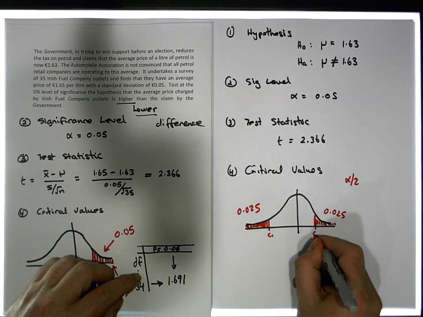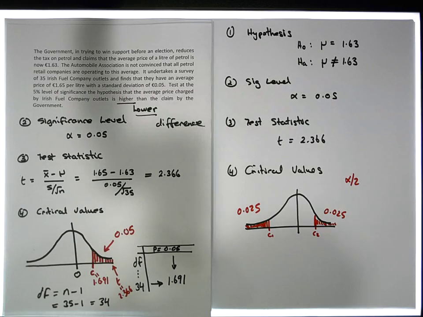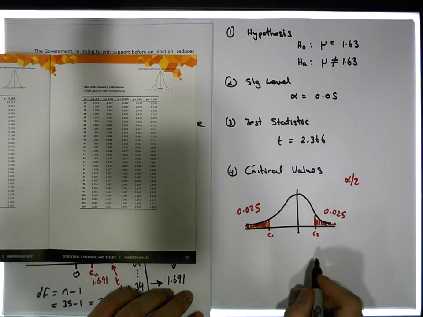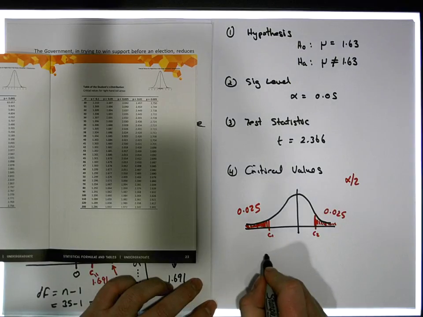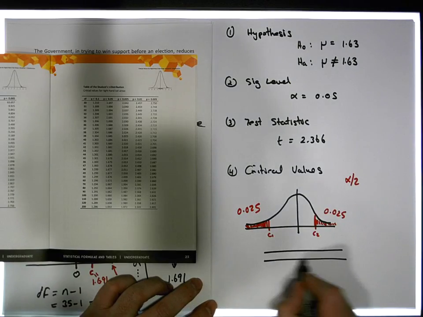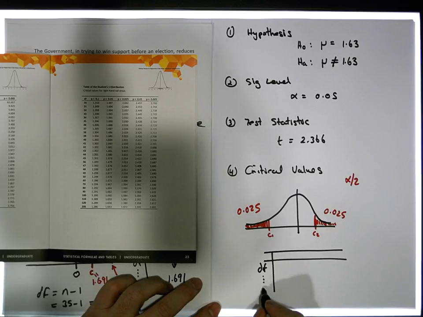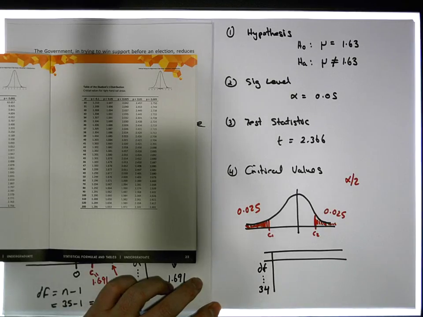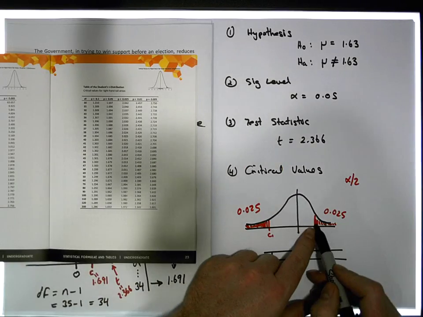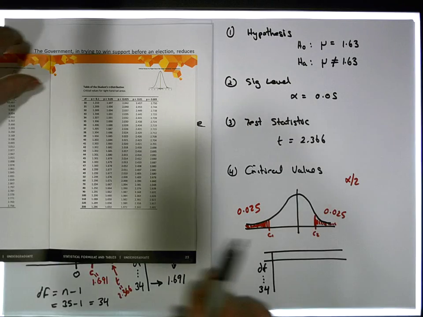When we look this up in our t tables, my degrees of freedom are still 34, sample size minus 1. But this time the amount of area in the right tail is 0.025, which is the third column.